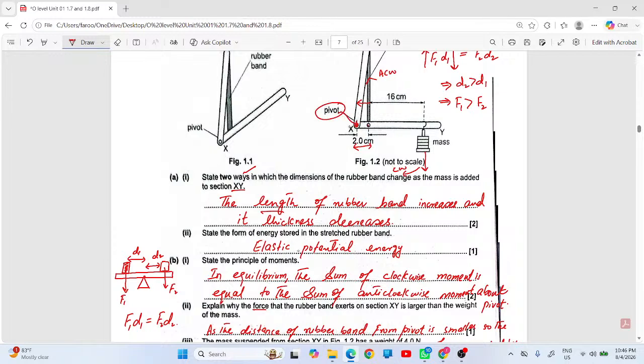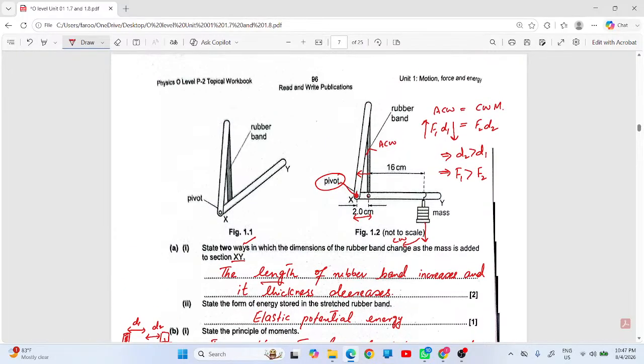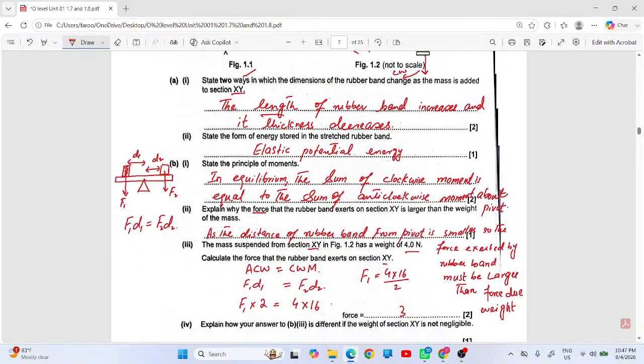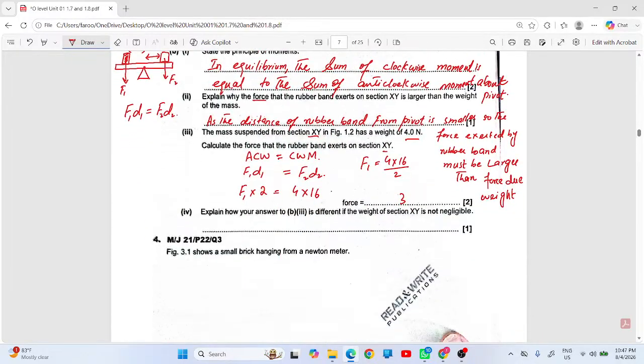Pivot is this rod, not the rubber band. Yeah, 18 is the distance. So 4 multiplied by 18. पहले अगर 16 f2 ज्यादा कर चेक करो जरा. 36 2 ज्यादा हुआ ना.